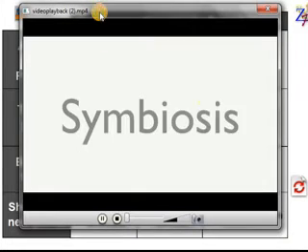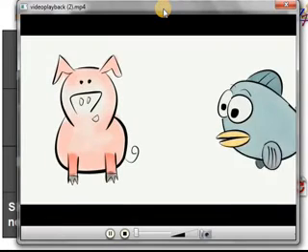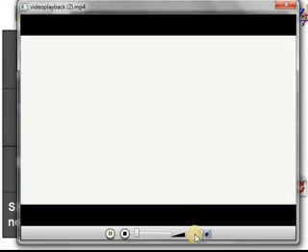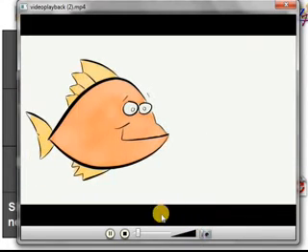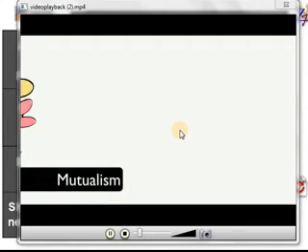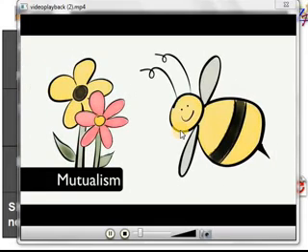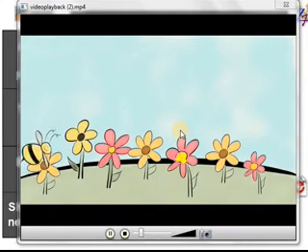Symbiosis. With so many organisms living on Earth, living things are bound to interact with one another. Symbiosis is a close relationship between two species. One type of interaction is called mutualism. An example of mutualism exists between honeybees and flowers. Flowers provide nectar to the bees.